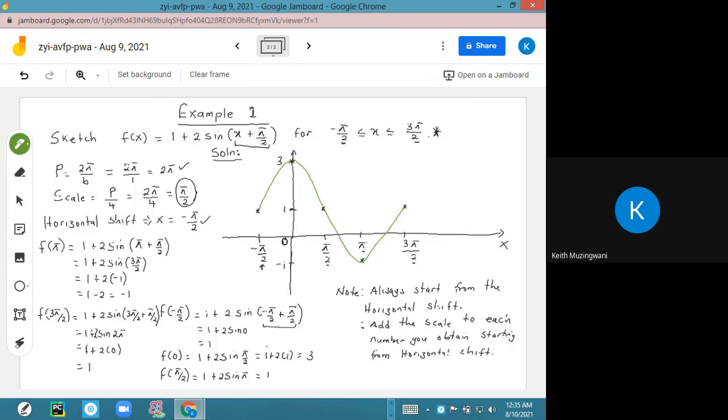And this is the graph of f of x. If we want, we can label it. This is f of x is equal to 1 plus 2 sine of x plus pi over 2.